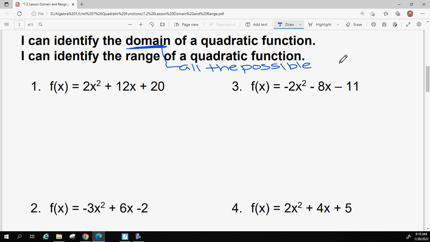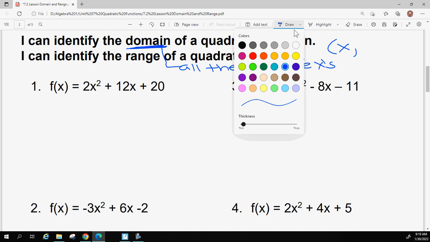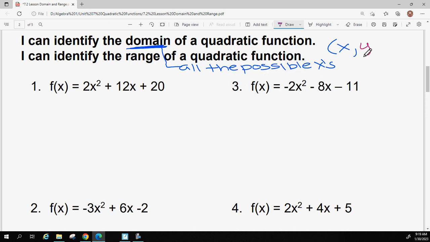Points are locations, and locations always have an x, and those locations also always have a y. When we're putting those points onto the parabolas, if we collected all the possibilities for the x values of those points on a parabola, that would be called the domain.